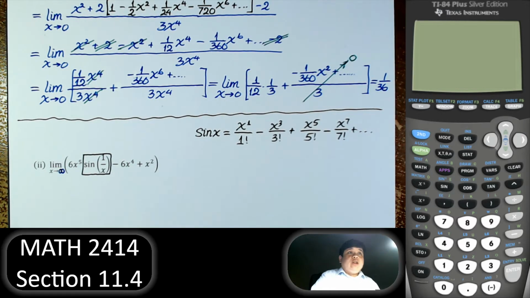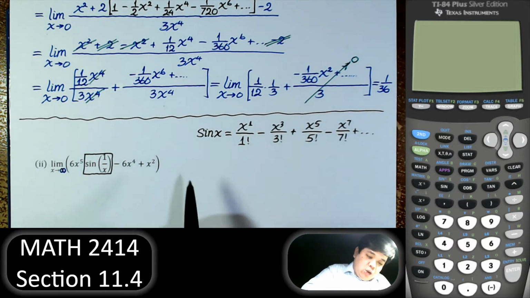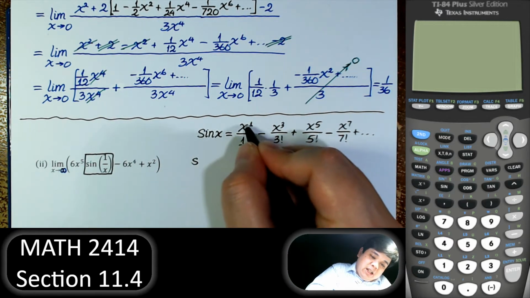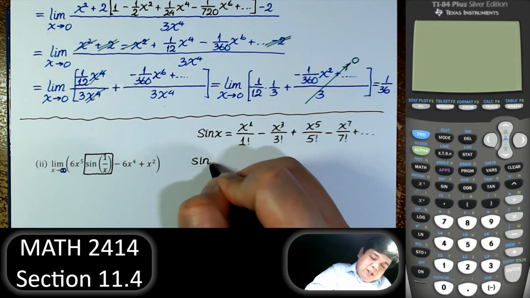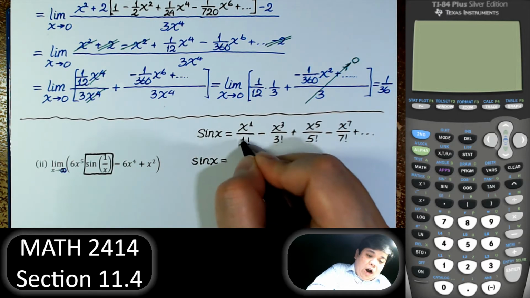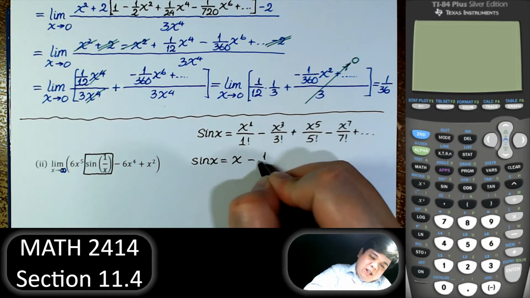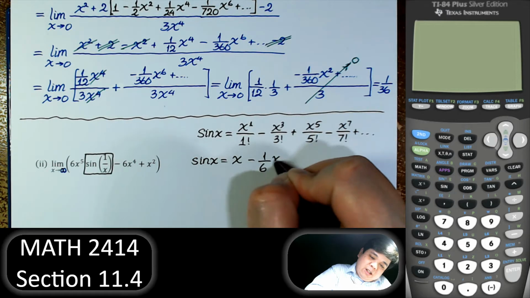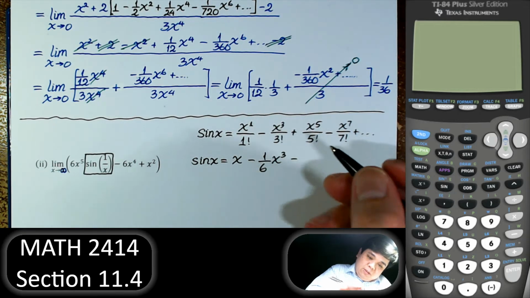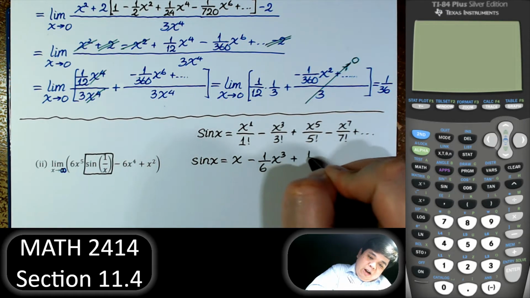But we don't have sine of x, we have sine of 1 over x, so we put 1 over x into x. 1 over 1, so we just have 1 over x. I just write 3 factorial is 6, 5 factorial is 120.